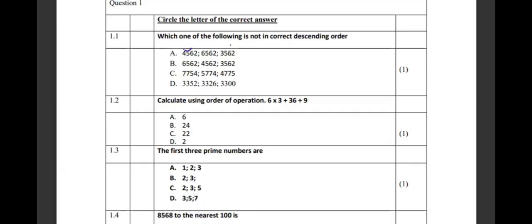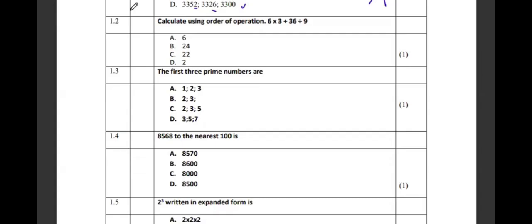So from a 4 to a 6 to a 3, this is out. Let's see, we have a 6, 5, 4, 5, 3, 5. 7, 7, 5, 7, 4, 7. Okay, 3, 3, 5, 2, 3, 3, 2, 6, 3, 3. Okay, so all these three are correct, but this one is wrong. So it's either you circle it that way or you just write the letter A.